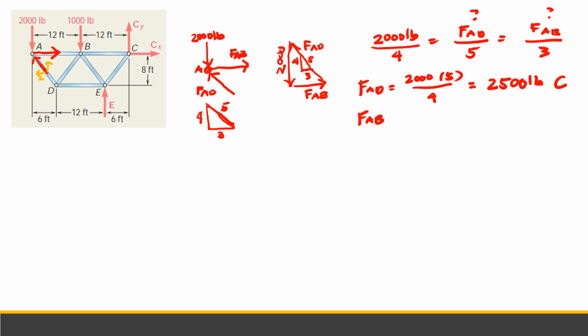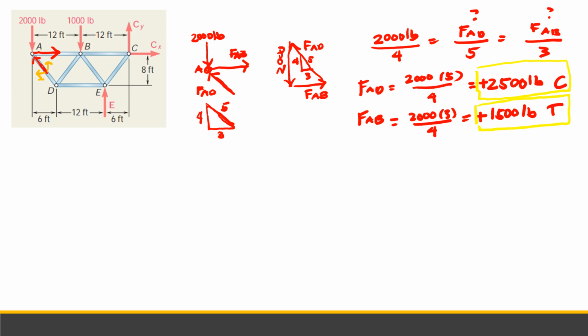And for force AB, so meaning positive yung result niya, so tama yung assumption natin na AD is in compression. So we'll check for AB. So we have 2,000 multiplied by 3 over 4. This is equals to, still positive yung sagot natin. So this is 1,500 pounds in tension. So ito na yung answer natin. So FAD is 2,500 pounds and FAB is 1,500 pounds.